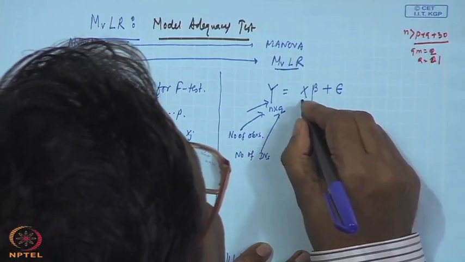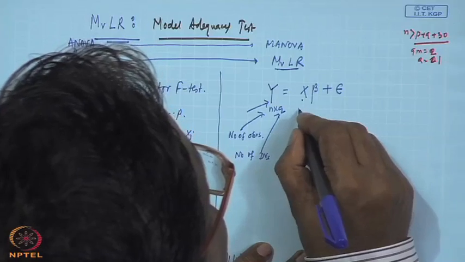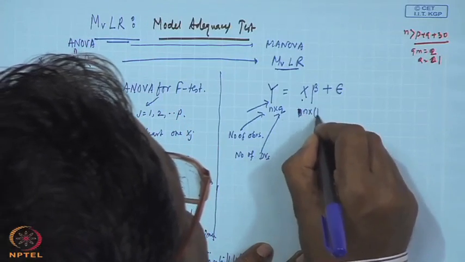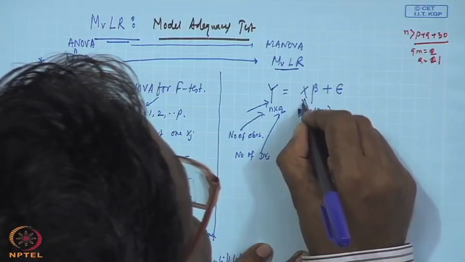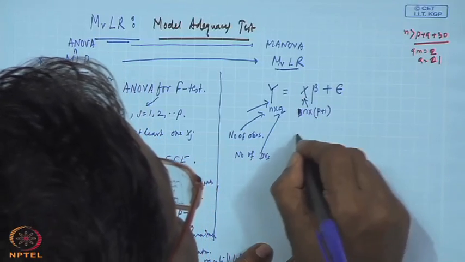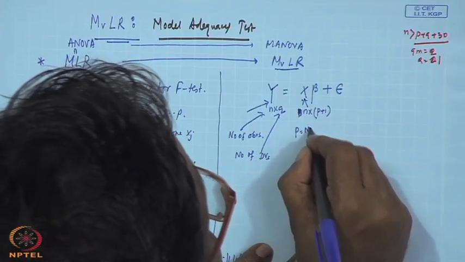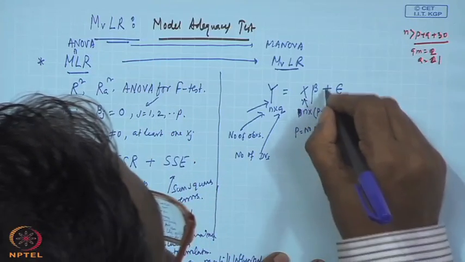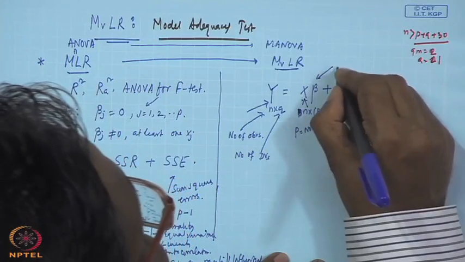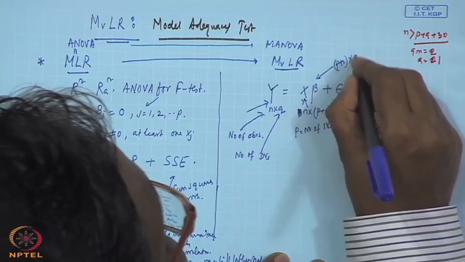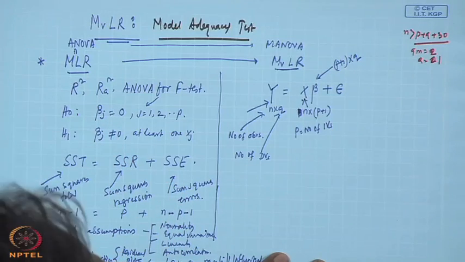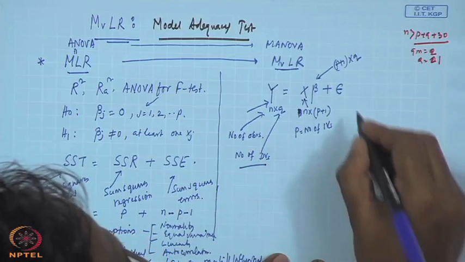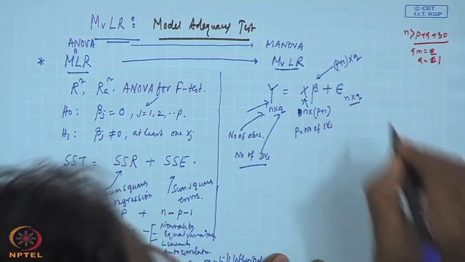Then this X is n cross p plus 1, where p is the number of IVs, and your beta is p plus 1 cross q. Okay. So now what is q? Q is the number of DVs.